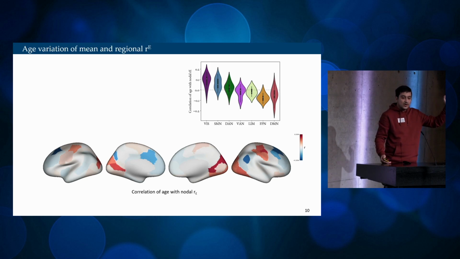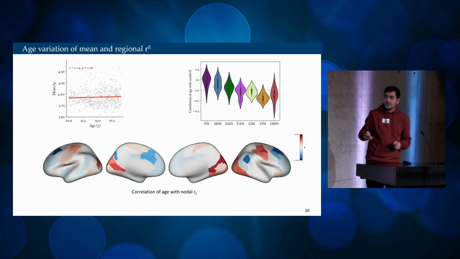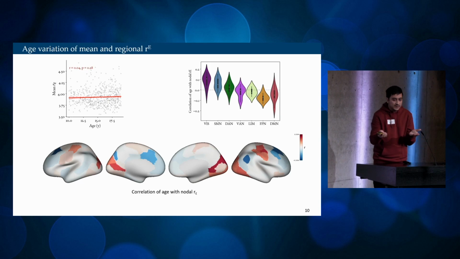You can see again positive effects in somatomotor and visual, and negative effects in association networks such as limbic, frontoparietal network and default mode network. And I wanted to show that if we average firing rates across all the nodes and look at this age variation, we don't see anything. So we would miss all of this.